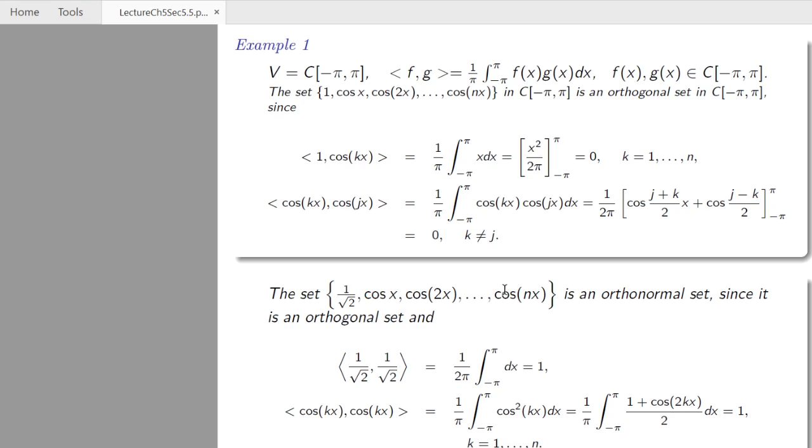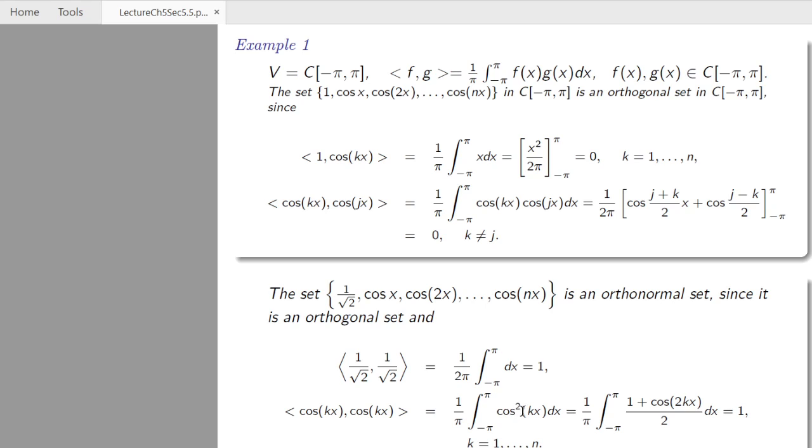Then for the rest of the vectors, say cosine kx, we can evaluate its length. That's by the definition of inner product. That's 1 over pi times the integral from negative pi to pi of cosine square kx. Here we can easily find the antiderivative after we use the formula for the cosine function.